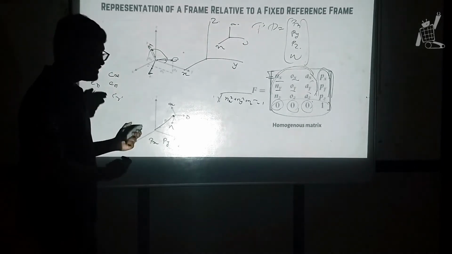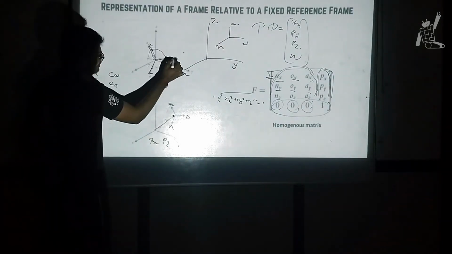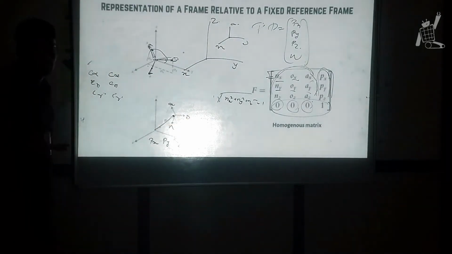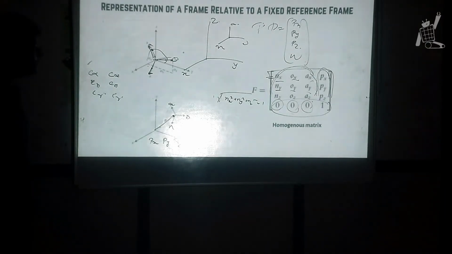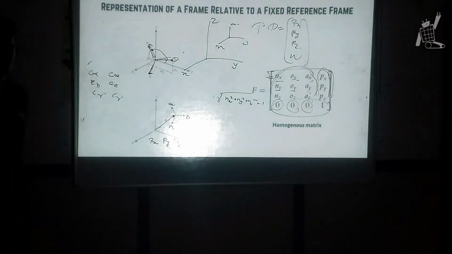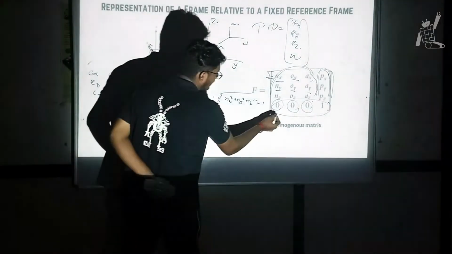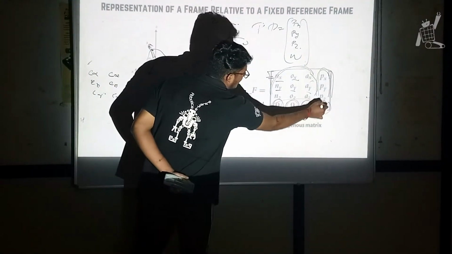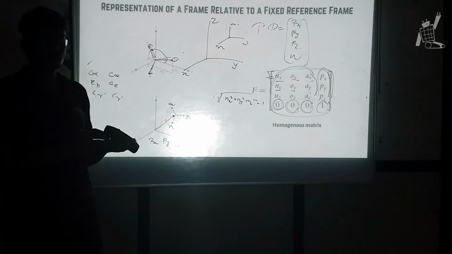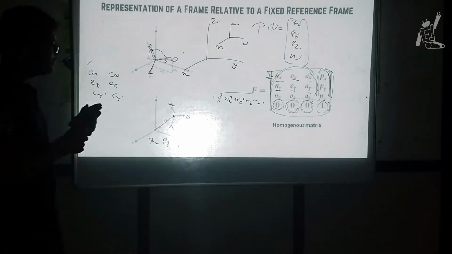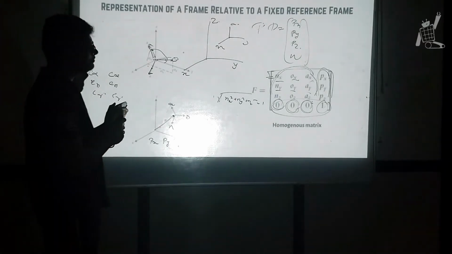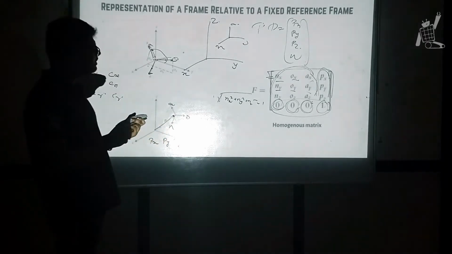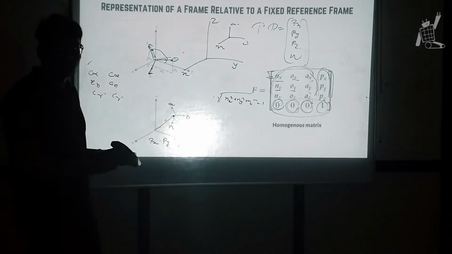Yeah, direction. Since these vectors only have directions, only rotations happen, so it is only necessary to mention the direction. That's why it is 0. Why is it 1? Same distance. You're not scaling up, it will be the same only.